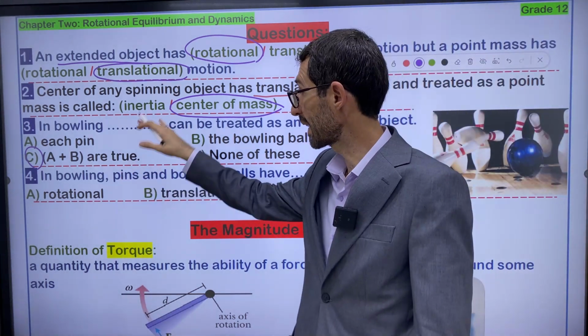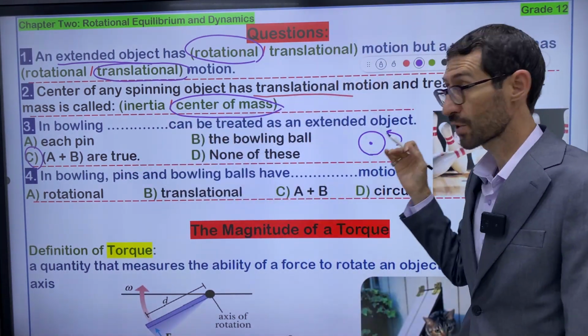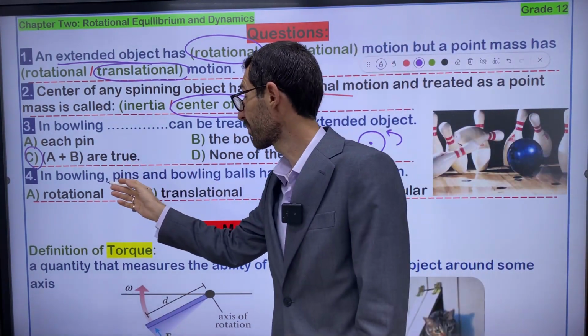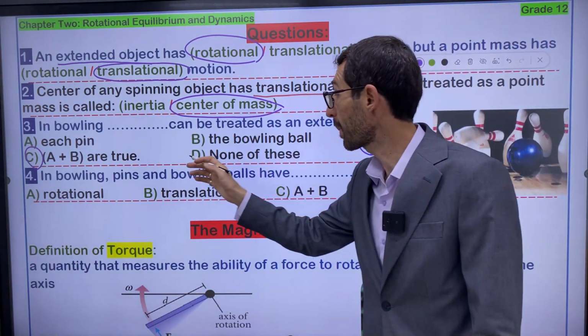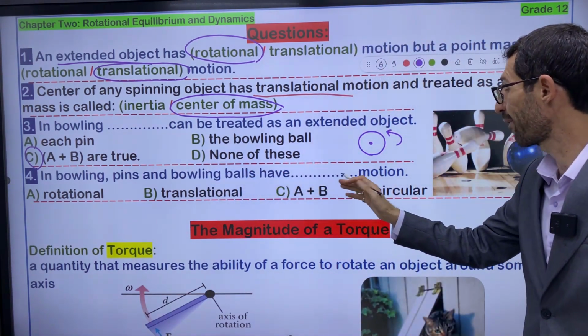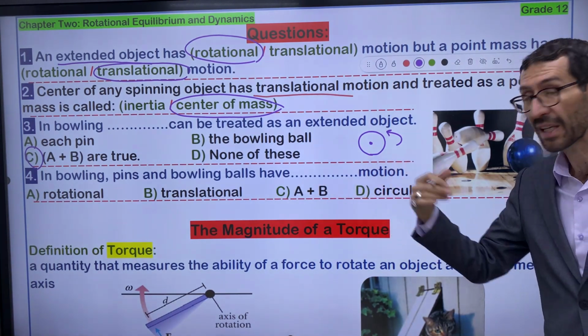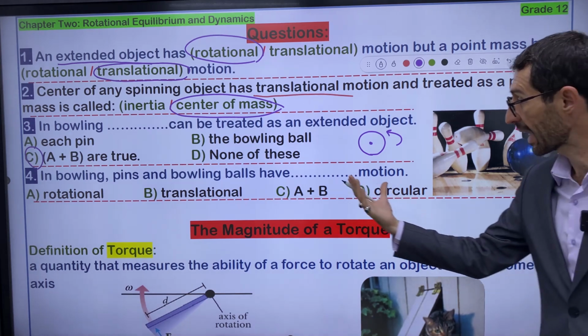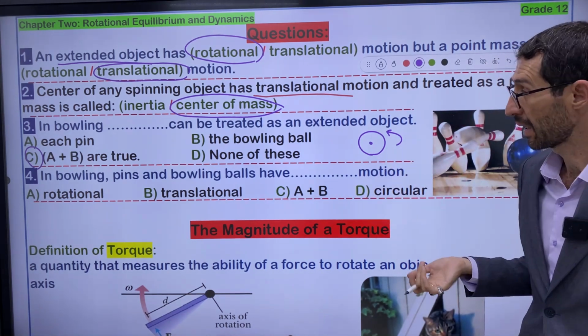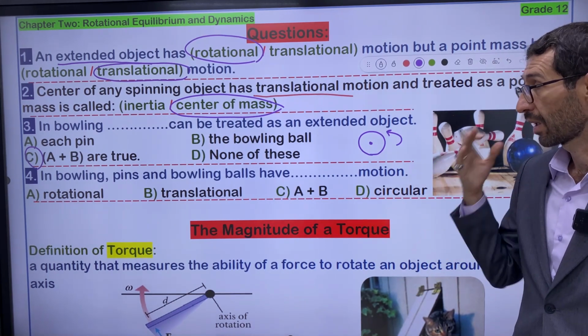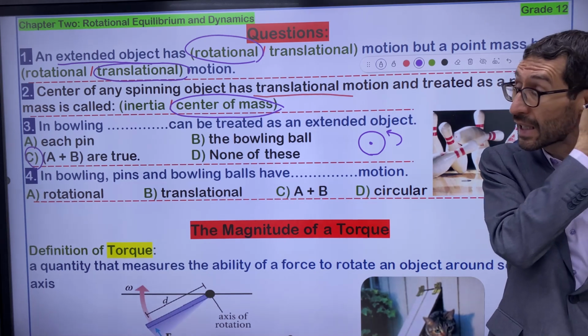Number 4, the last question about the types of object. In bowling, in this sport, this game, pins and bowling balls have blank motion. We have to fill in the gap with an appropriate expression. So guess the correct expression.